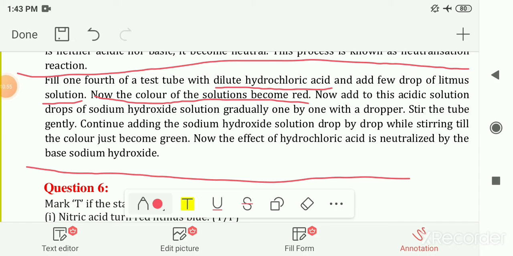Then add to this acidic solution drops of sodium hydroxide solution gradually one by one with a dropper, and stir the test tube gently.